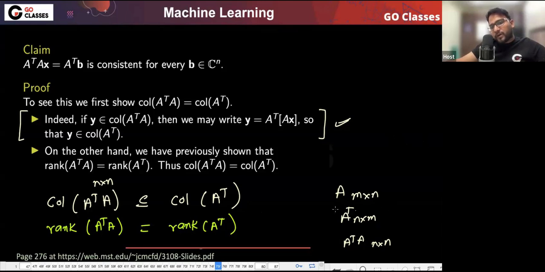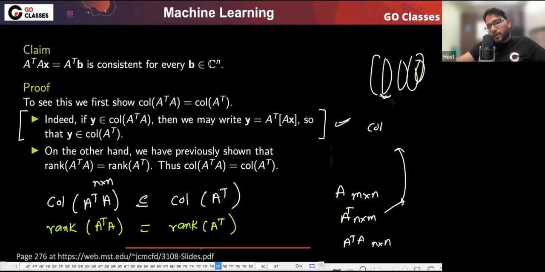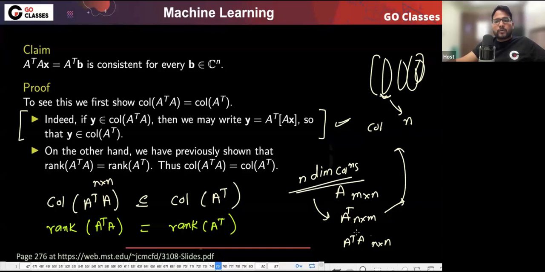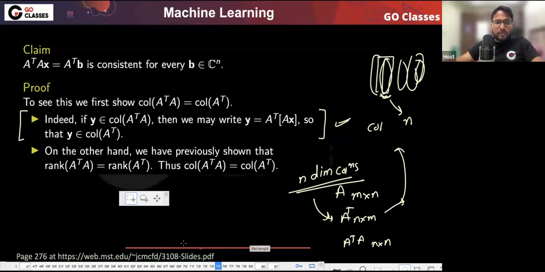So the columns of A transpose will be n dimensional. Sorry, I got confused. The number of columns does not matter, but since A transpose has n rows, the columns here will be n dimensional, obviously, right? Is this okay to everyone? So let's just take these two, a one minute conclusion, and then you can easily prove it.